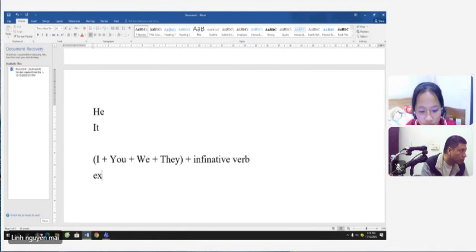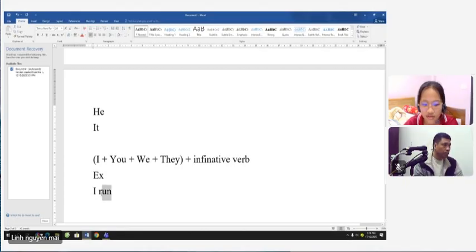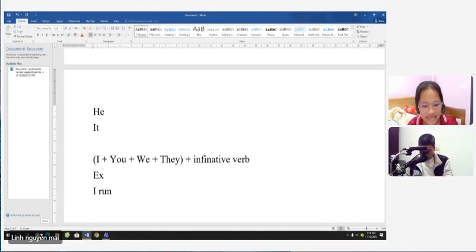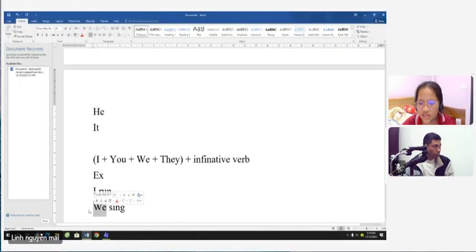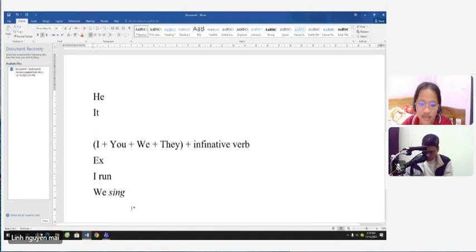For example, we have I run. The subject is I and the verb is run. No change. No s or es, okay? Next is we. We sing. Here is the subject and this is the verb. Okay? The infinitive verb.